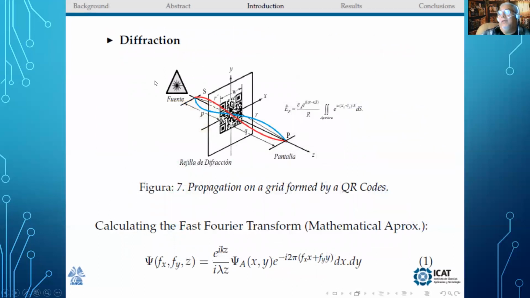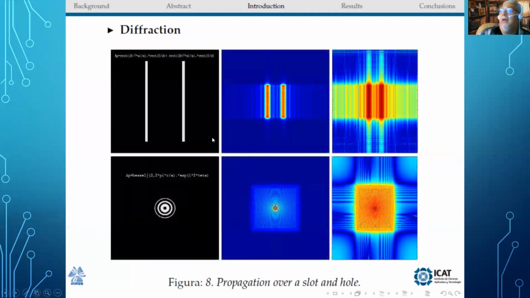We have the diffraction. We have the scattering grating for the QR code with a source, and we have the diffraction pattern. We calculate the fast Fourier transform as a mathematical approximation of this image, and we have the diffraction pattern, for example, in this case of two slits, and the logarithm of the diffraction pattern.